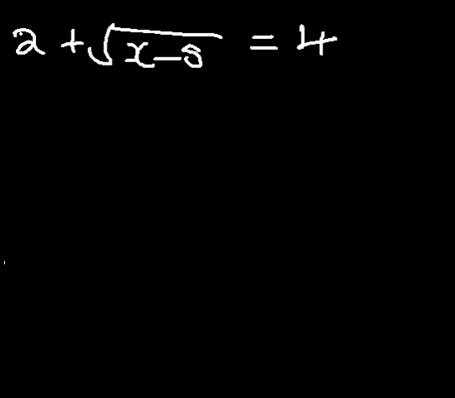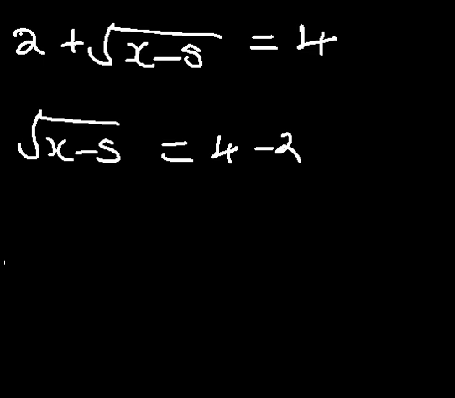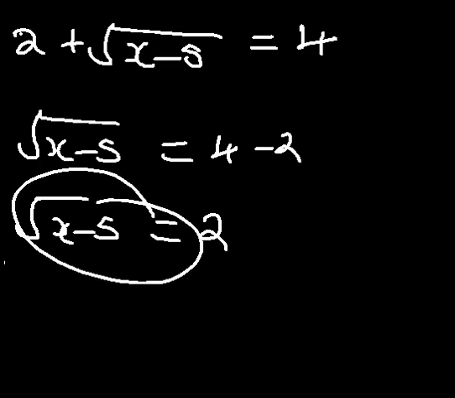We only have a single expression with the radical, so we should make it the subject of the formula. Hence, we'll transfer 2 to the other side. That will be given as the square root of x minus 5 is equal to 4 minus 2. That will be given as x minus 5 is equal to 2. Then you can solve for x in this way.